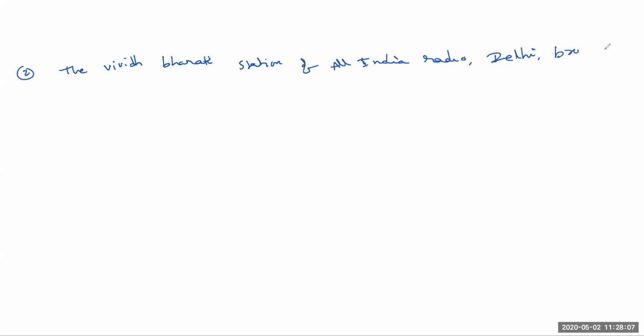This is an NCERT textbook problem. Take the problem: The Vivid Bharati station of All India Radio, Delhi, broadcasts on a frequency of 1.368 kilohertz.